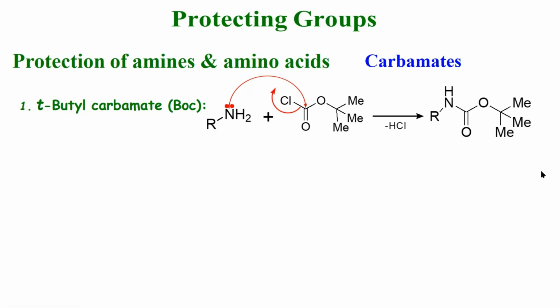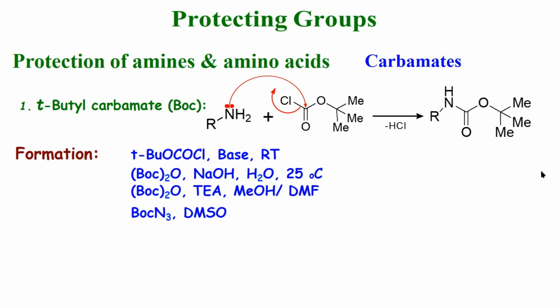The same reaction can be accomplished not only by using tertiary butyloxycarbonyl chloride but also by using Boc anhydride in the presence of a base like sodium hydroxide, with the reaction carried out in water. This is useful for those amines and amino acids which are miscible with water.